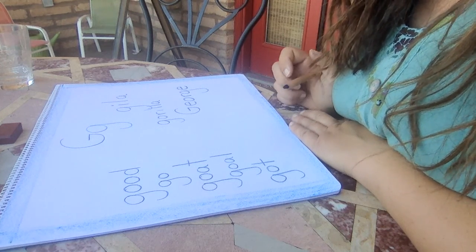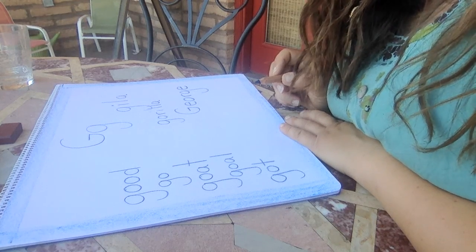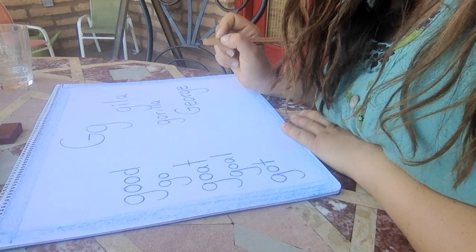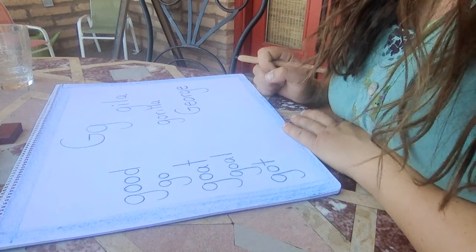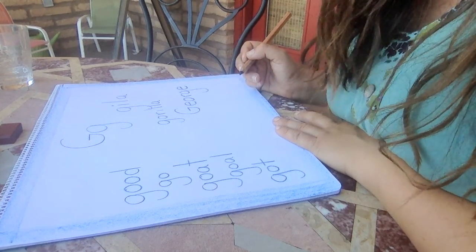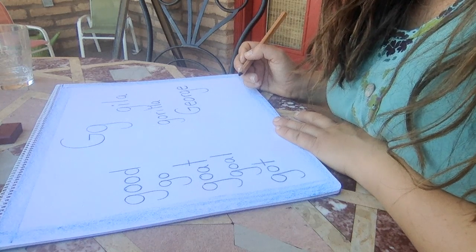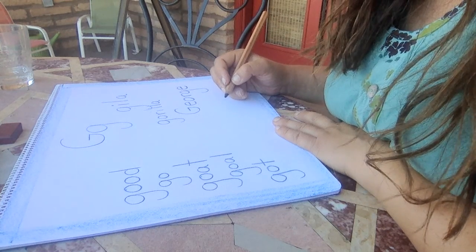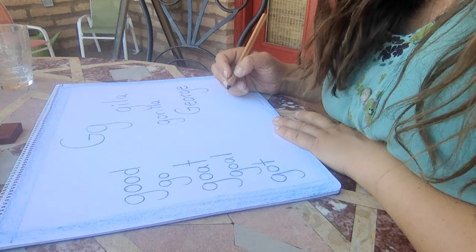Now, let's see. Another G word that begins with the letter G. I thought of one. It's like George, but totally different in what it means. It's like there's a kind of cliff, and you might have water in it.